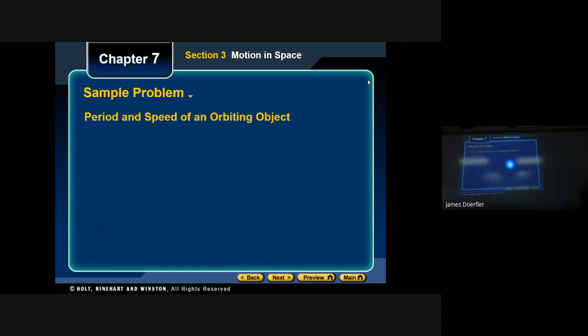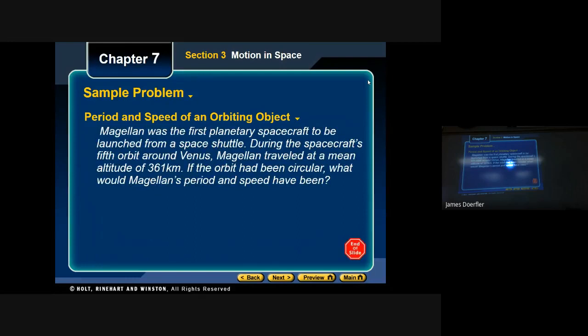Okay, let's look at a sample problem here. We're going to be looking at the period and speed of an orbiting object. Magellan was the first planetary spacecraft to be launched from a space shuttle. During the spacecraft's fifth orbit around Venus, Magellan traveled at a mean altitude of 361 kilometers. If the orbit had been circular, what would Magellan's period and speed have been?